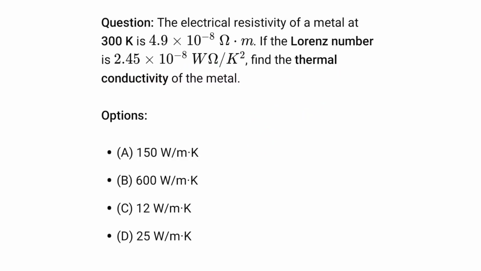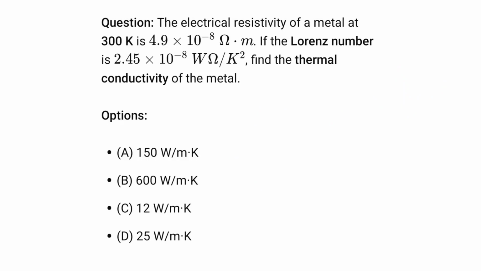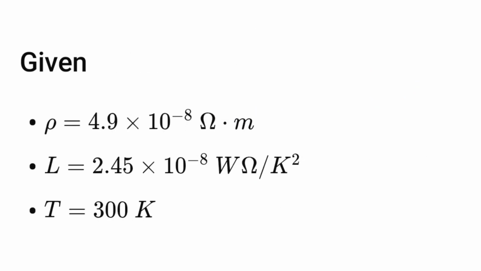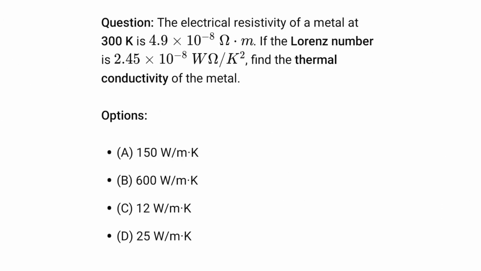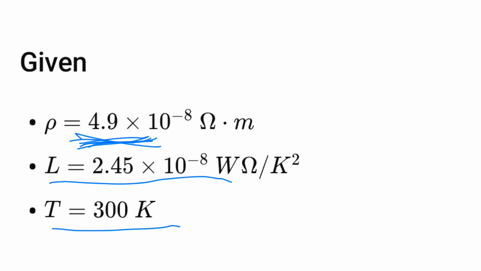So the thermal conductivity formula is K over sigma T equal to L. The given values: resistivity of the metal at 300 Kelvin is 4.9, so the conductivity is given, the Lorenz number is also given, and temperature is also given.